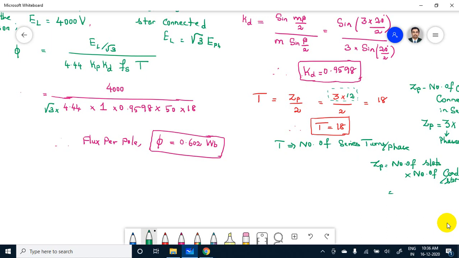In terms of phase, if you calculate 9 divided by 3, you will get 3. So there will be 3 slots for every conductor. So 3 into 12.